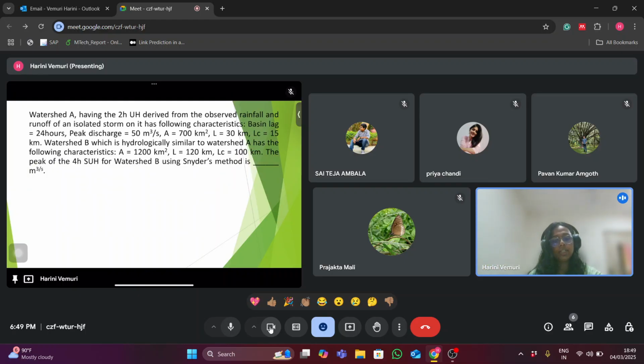The next question: watershed A has a 2-hour unit hydrograph derived from observed rainfall and runoff of an isolated storm, and it has the following characteristics. Let me write it down.